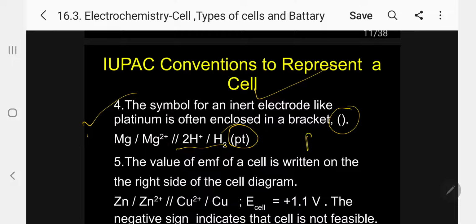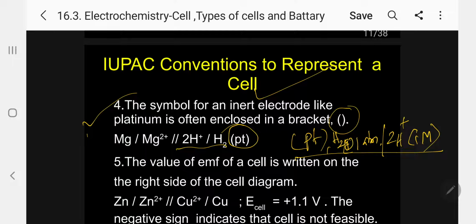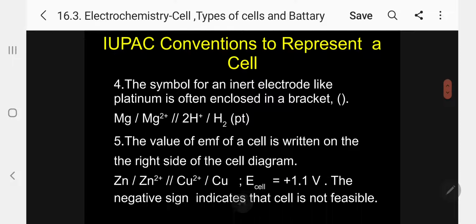The correct representation is platinum within bracket, comma, H2 gas 1 atmosphere, then bar, 2H plus within bracket 1 molar. So this is the correct representation of the hydrogen electrode. Kindly follow. So here hydrogen electrode oxidation is shown, but here it is used as a reduction when compared to the magnesium electrode. Okay. The next one.